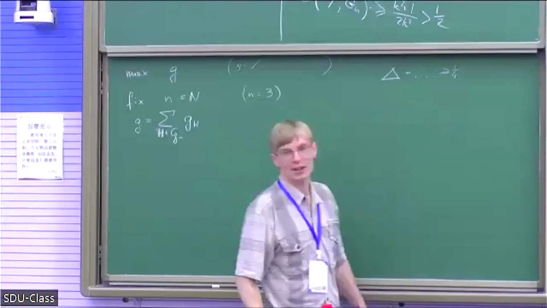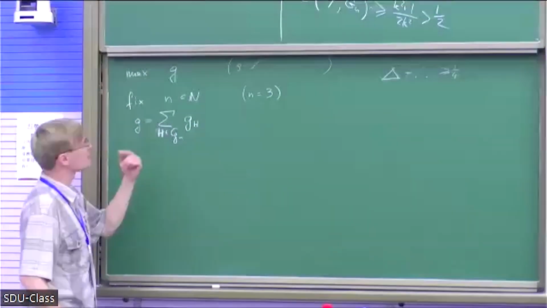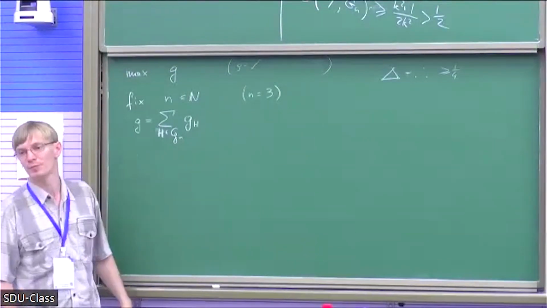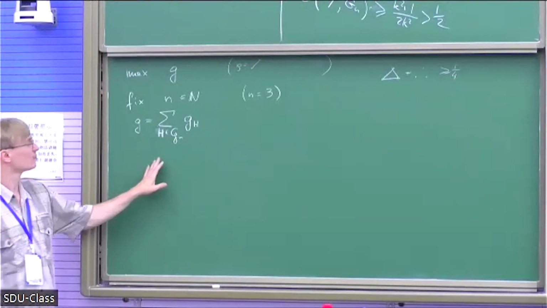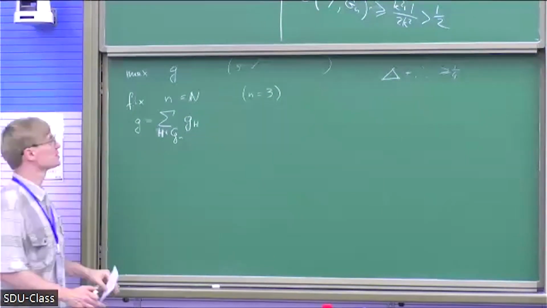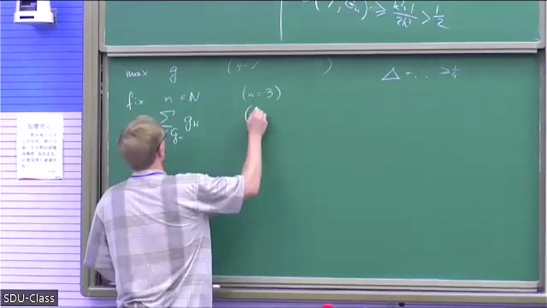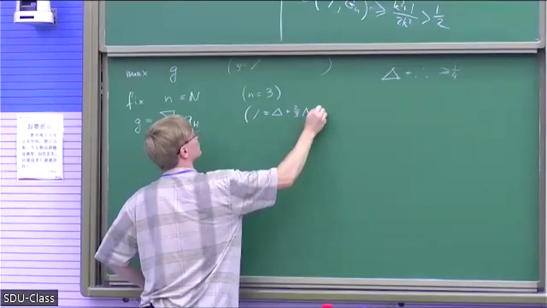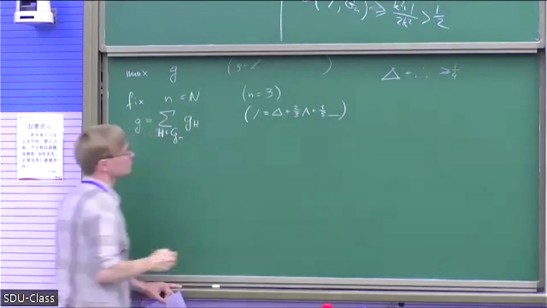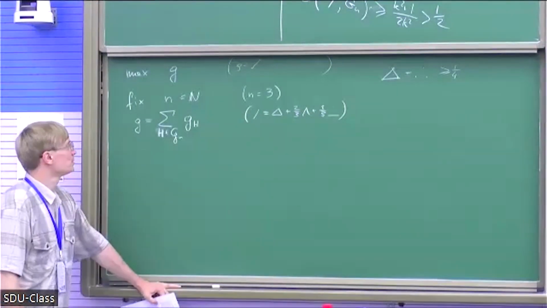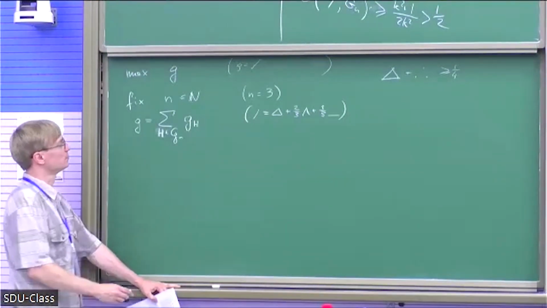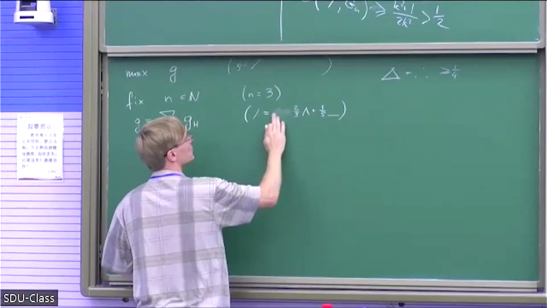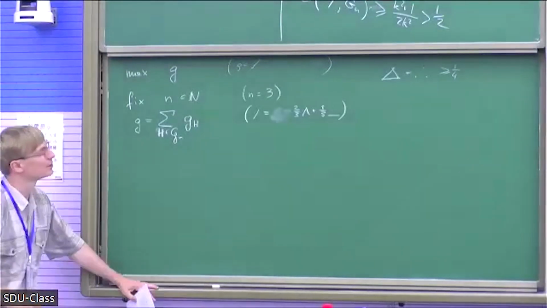I expressed edge as the sum of triangle density plus 2/3 cherry plus 1/3 of the complement of a cherry. So it was this. I know that triangles are 0, so basically, erase it.